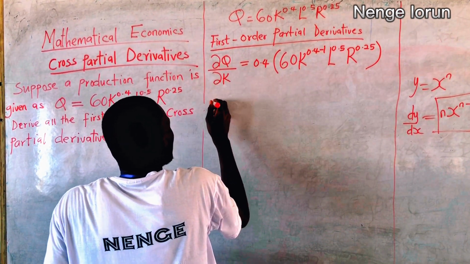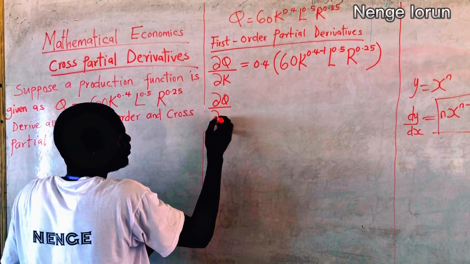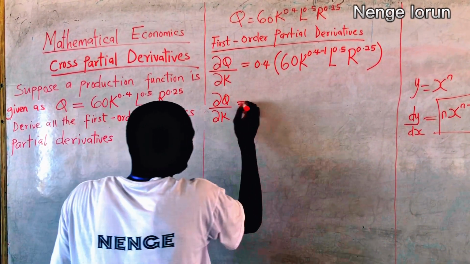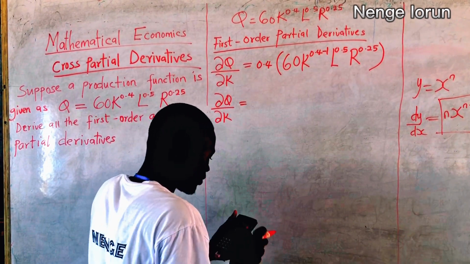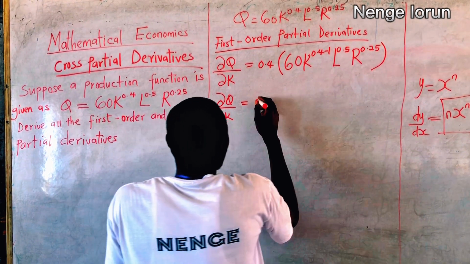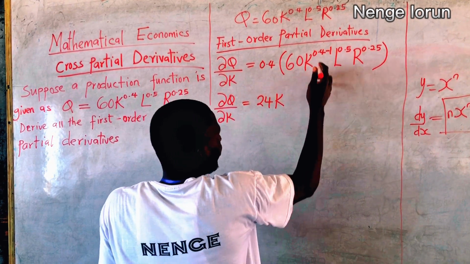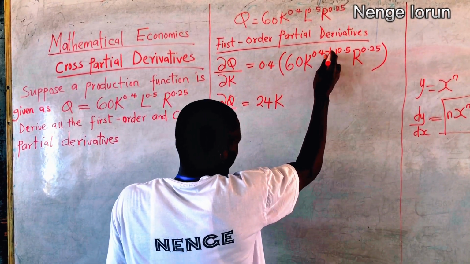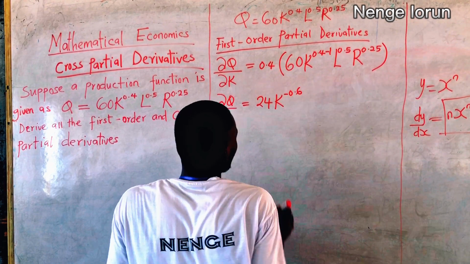So now, the partial derivative of Q with respect to K is equal to 0.4 times 60. Pick your calculator, 0.4 times 60, you will have 24. K raised to the power of 0.4 minus 1, you will have minus 0.6.